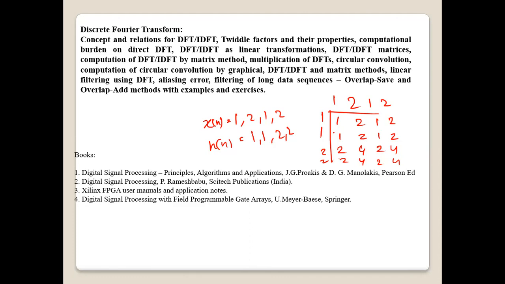In circular convolution, we find a different set of methods, that is the computation of circular convolution by the graphical method, the DFT IDFT method, and the matrix multiplication method. Then we discuss linear filtering using DFT. There is an involvement with some applications, which are basically the overlap save and overlap add methods.